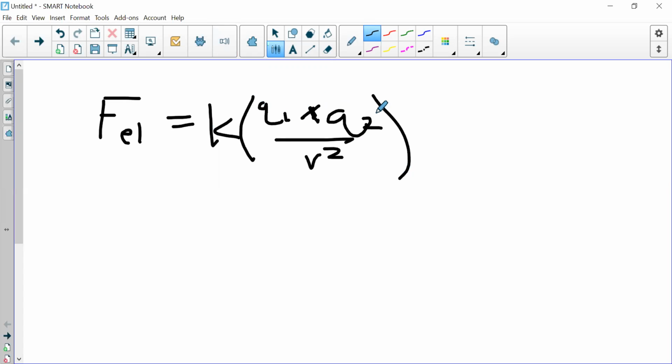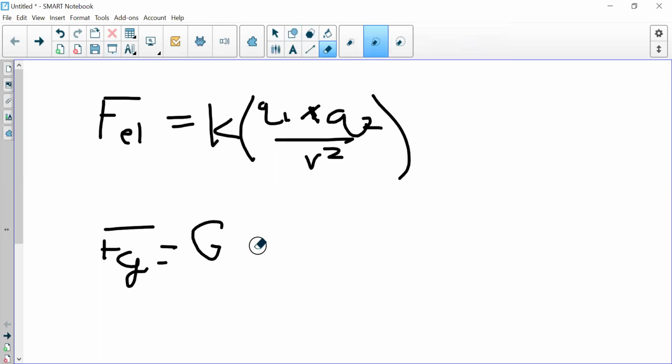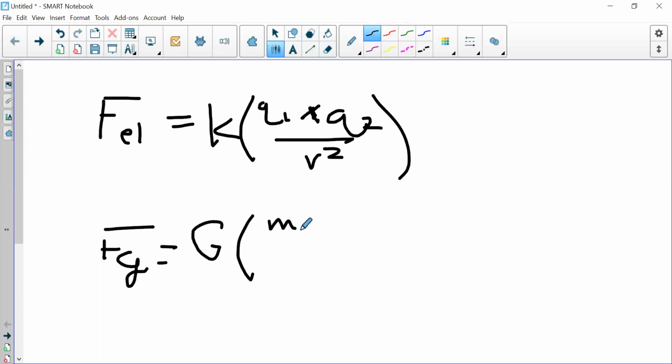If you know anything about the force of gravity, it looks just like this. You're going to see this equation pretty quickly on. Big G times M1 M2 over R squared.